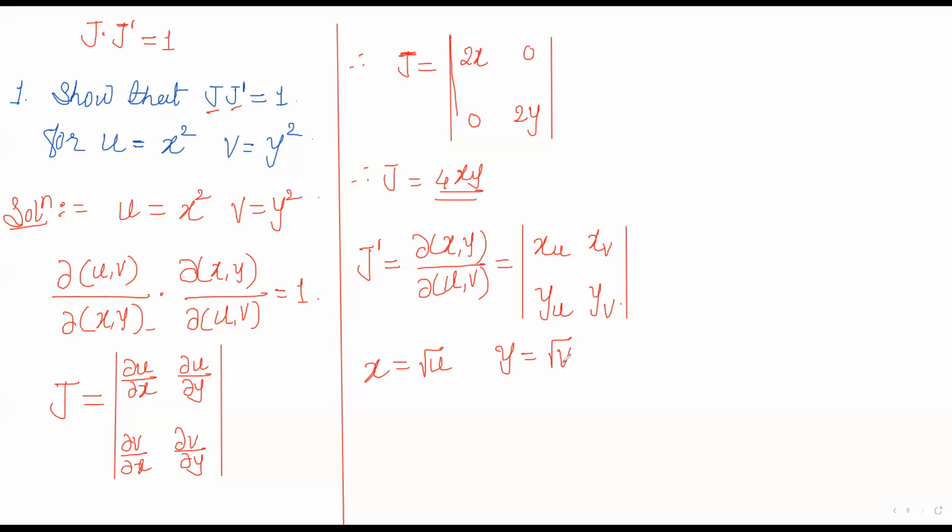ओके. Now J dash is equal to xu, derivative of x with respect to u, 1/2 into root u. Then derivative of x with respect to v, 0. Derivative of y with respect to u, 0. And here it is 1/2 into root v.